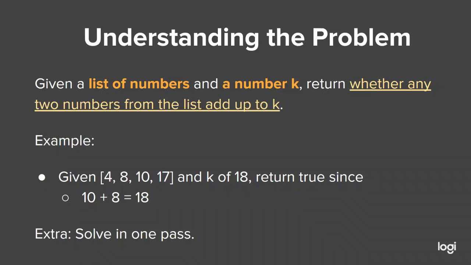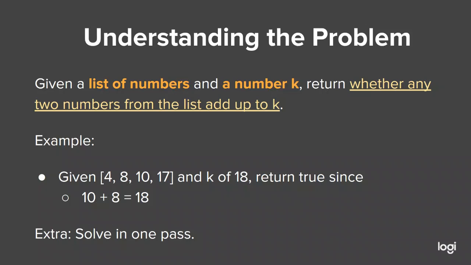Words like whether or if are indicating to us that there's some kind of condition that we need to be aware of. So in this case, our output value is the result of a condition, and so it's going to be a Boolean value.